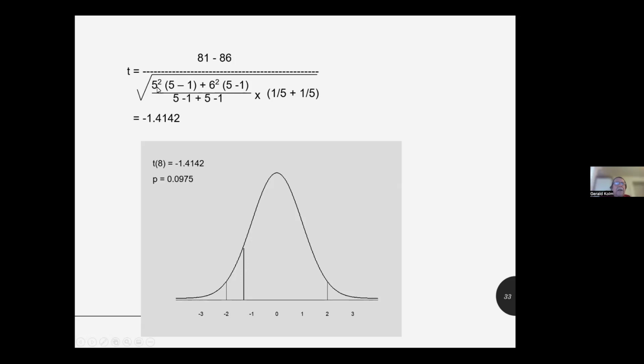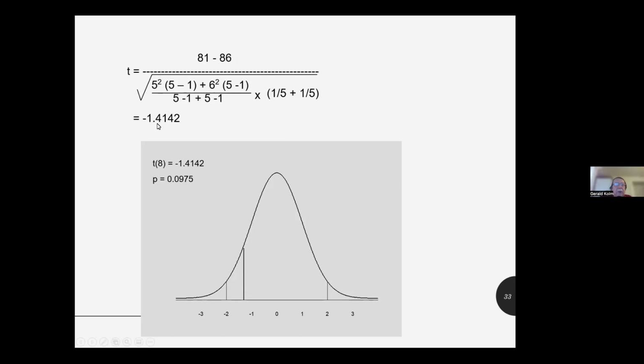We're squaring the standard deviation, taking that times the degrees of freedom, divided by our total degrees of freedom, and then we multiply that by the sum of the reciprocals of the number in each group, and that gives us our standard error. And so if we divide our minus 5 here by this number, we get a t-value of minus 1.4.